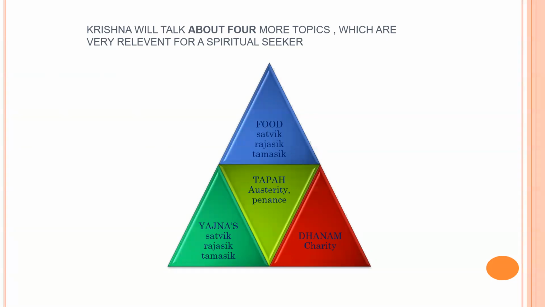I don't know why, but I think this is required in today's world. Krishna knew that in Kali Yuga, people will forget what is dhanam, what is tapas, what is ahara also, how to take food. Maybe that's why, and it is very relevant, even though no question was asked by Arjuna. Krishna himself declared it. Listen to me again.